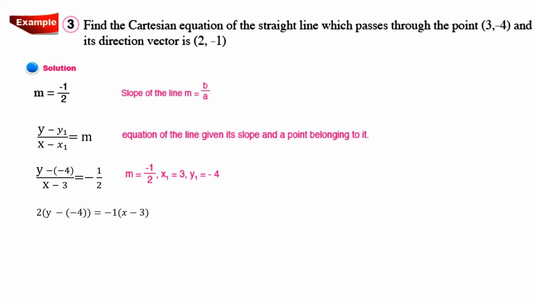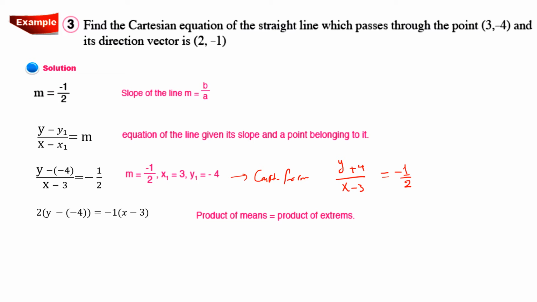So we can simplify this form. This form is called Cartesian form. We can write it as y plus 4 over x minus 3 equals negative 1 over 2. And then we can make simplification of this form.